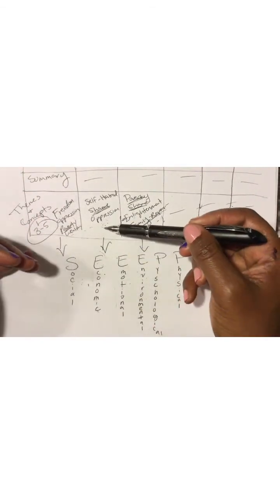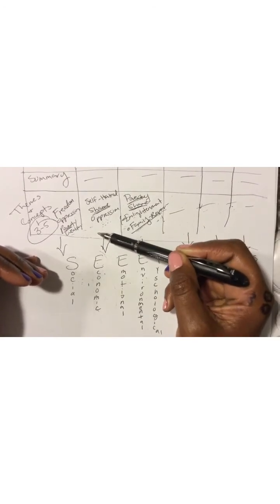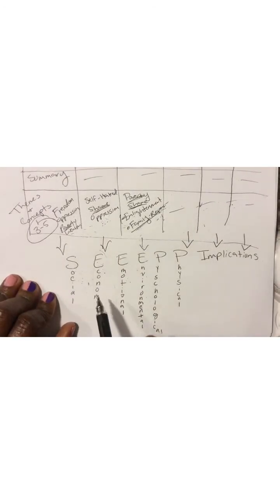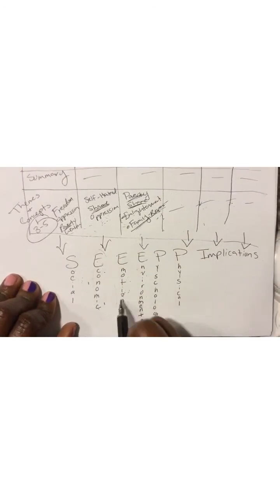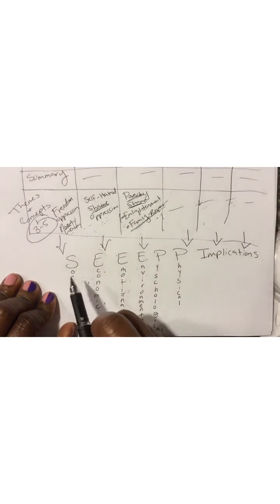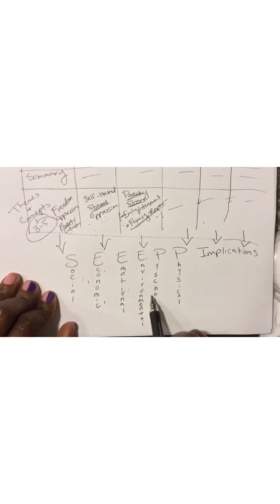Okay? So this is just getting you to break down those concepts further, because when you write, you don't want to be vague and ambiguous and just say, oh, it's about freedom, it's about oppression. You want to be able to say, what is the author saying about this concept? How does poverty impact us socially, economically, emotionally, environmentally, psychologically, or physically? Okay?